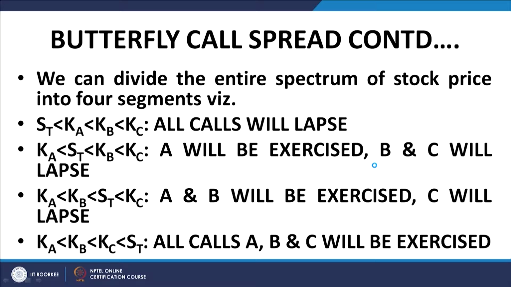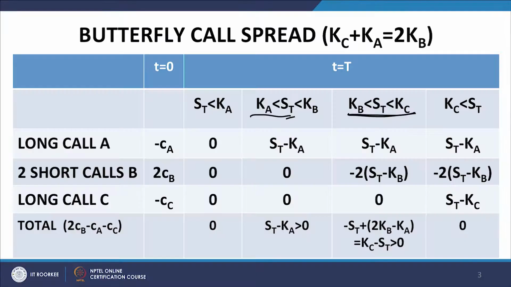And then we have Ka less than Kb less than Kc less than St, where St is greater than all the strike prices. In that scenario, all the calls will be exercised. The calls A and C are long and the two calls B are both short options.